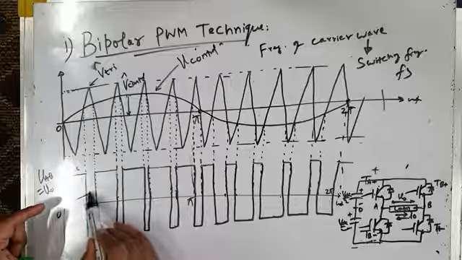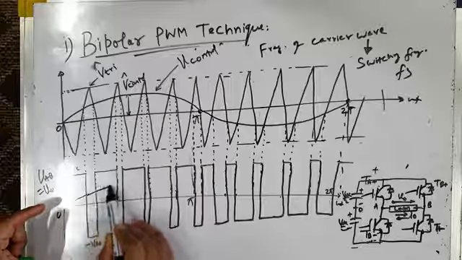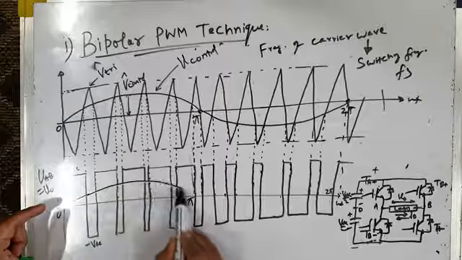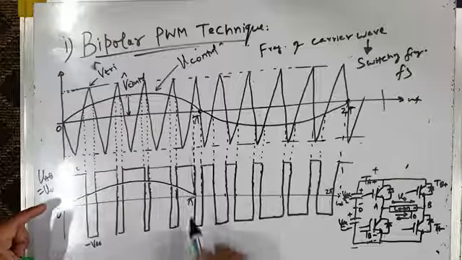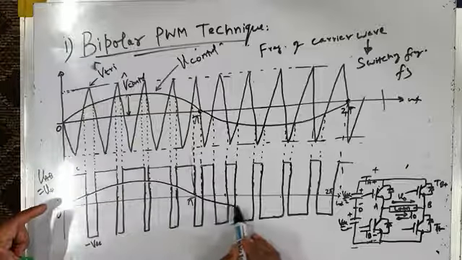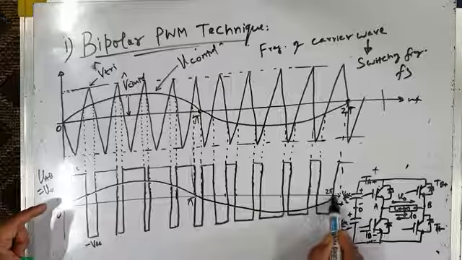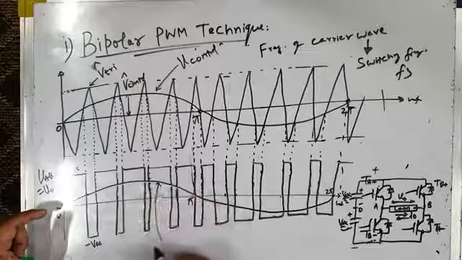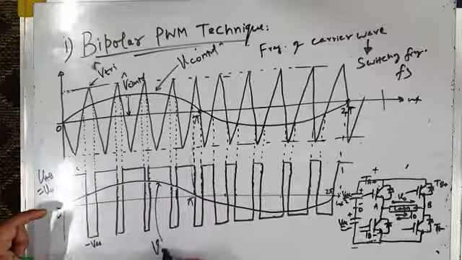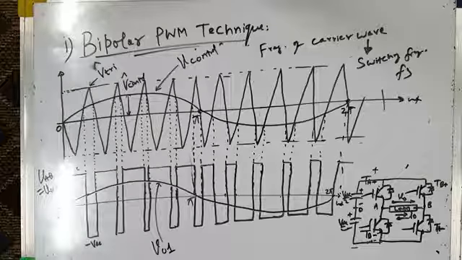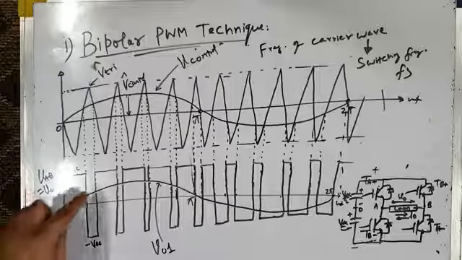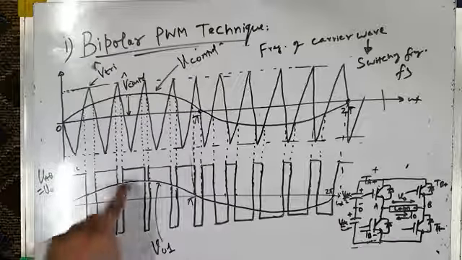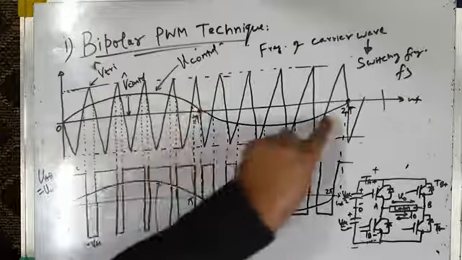It increases in every carrier cycle sinusoidally, and then it decreases, reaches pi, and in the negative half cycle it also increases sinusoidally and then decreases. So this is the fundamental component of the inverter output voltage, V01. Therefore the inverter produces a fundamental component whose frequency is the same as the frequency of the reference sine wave.